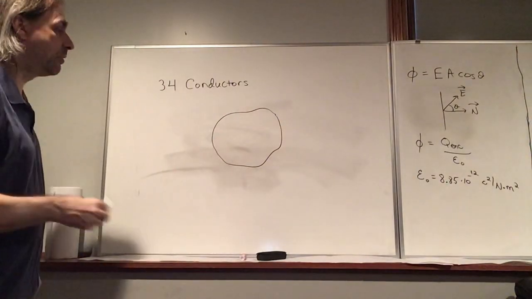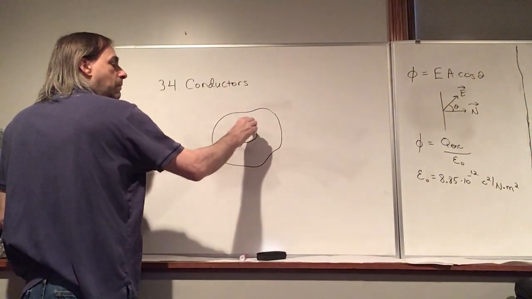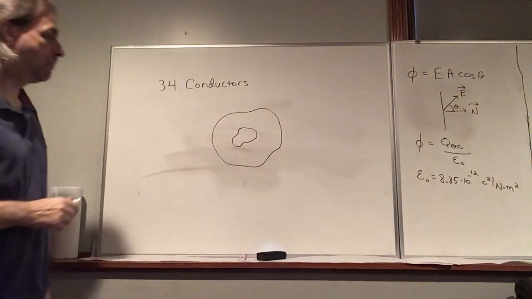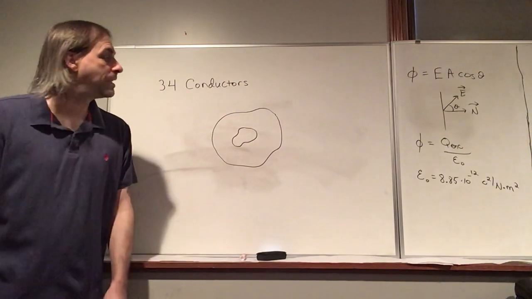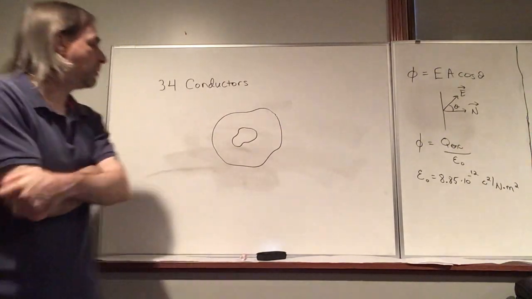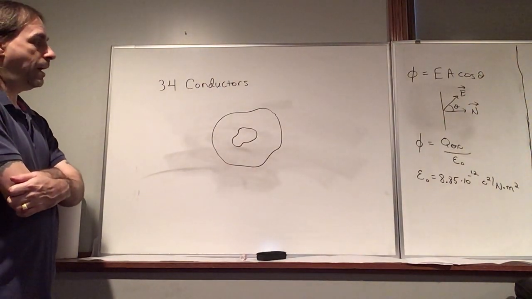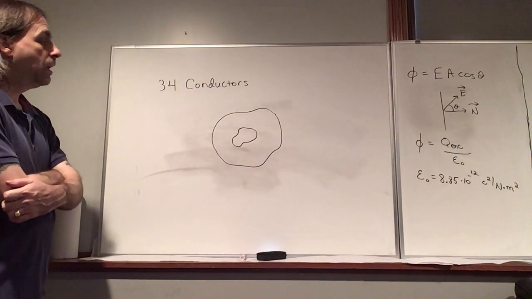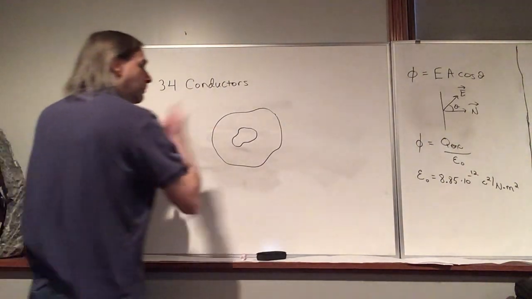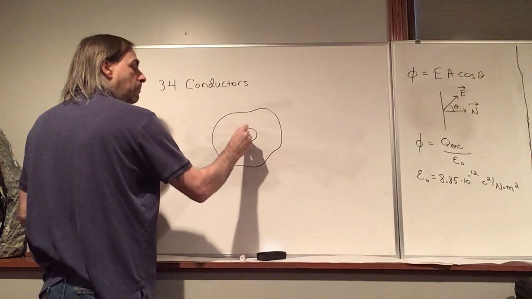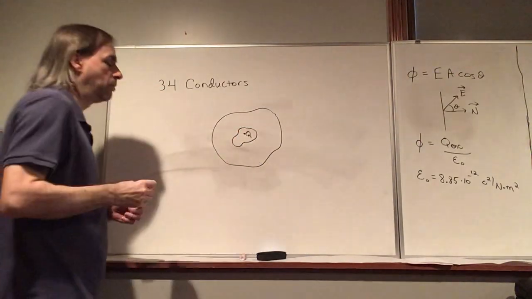This is a neutral conductor, and let's say there's a cavity inside it. So you can picture a spherical shell, which has something hollow inside, where it could be any shape. And overall, it's neutral. And let's say we place a charge inside the cavity. We'll just place a single charge, Q1.